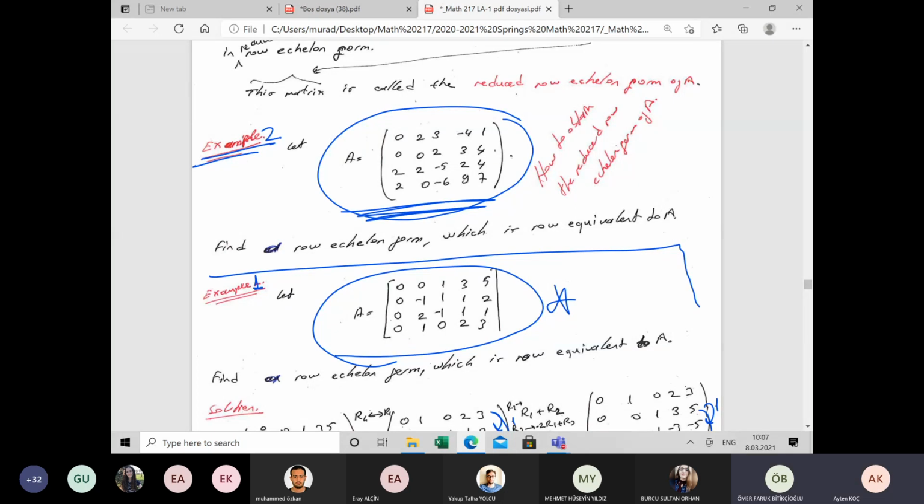I think we should take the first 2 rows to the bottom. Yes. So what is the first row? First row will be, yes, which one? Choose one of them. The first non-zero entry should be 1.